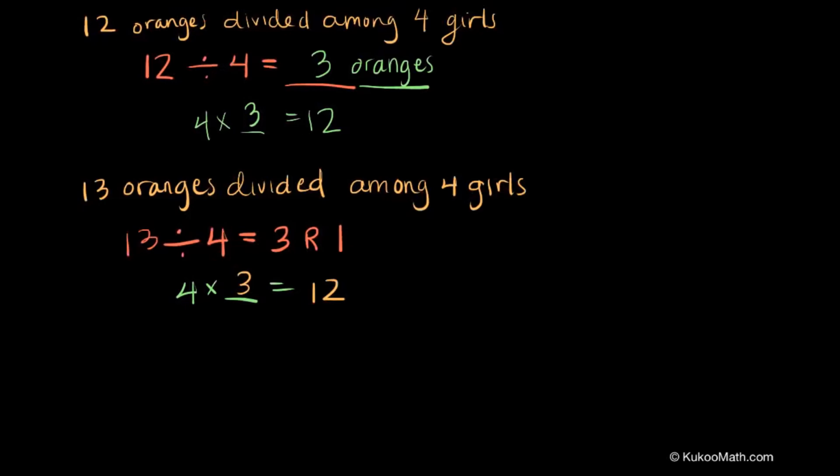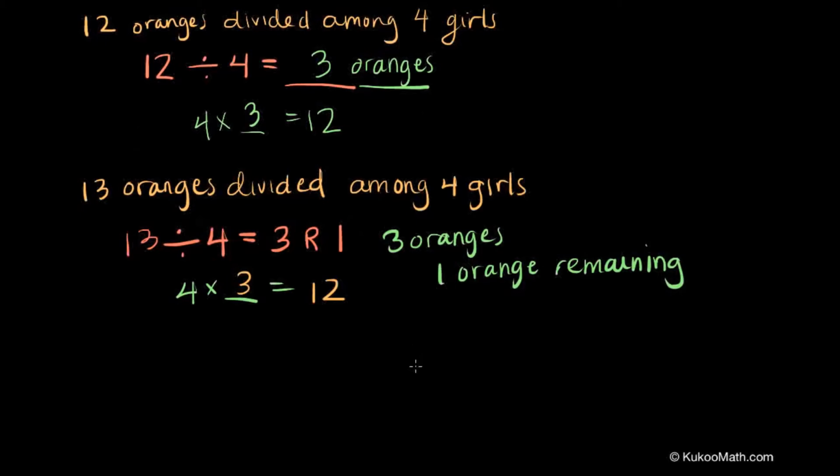So if we were to write the answer with units, you're going to say 3 oranges. And then if the problem asks you how many oranges do you have left that can't be divided, you say 1 orange remaining. And that's your answer.